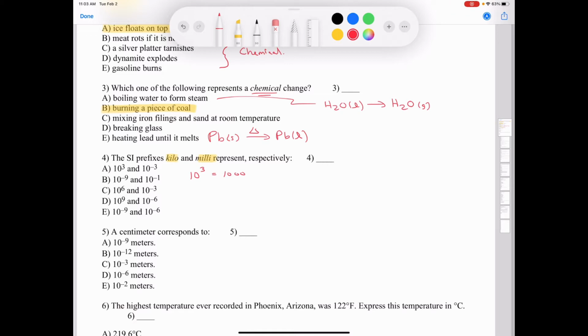So milli represents 1,000th, okay? So a milli would be 10 to the minus 3, or 1,000th. And there we go. So the correct answer for this one is the first one, 10 to the power of 3 and 10 to the power of minus 3, which represent kilo and milli respectively.